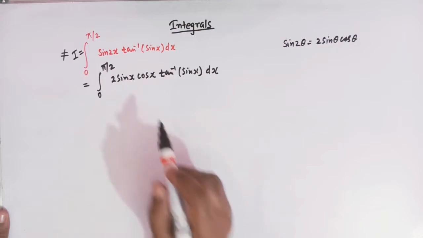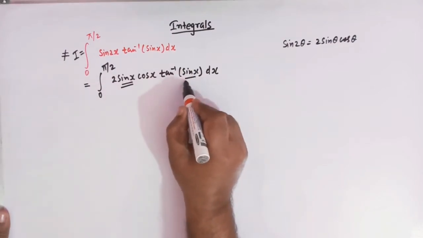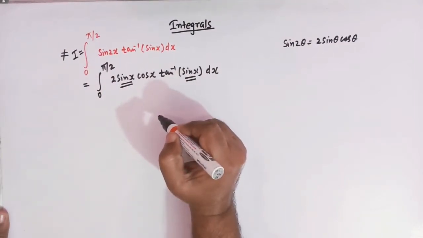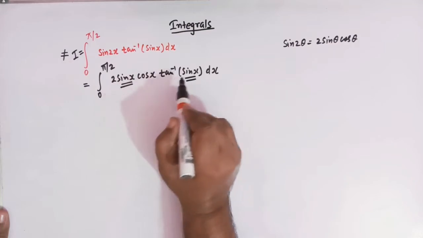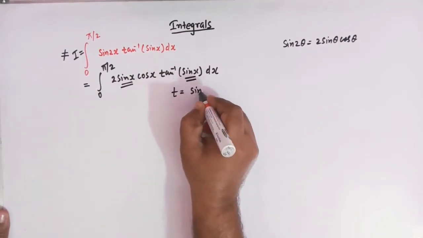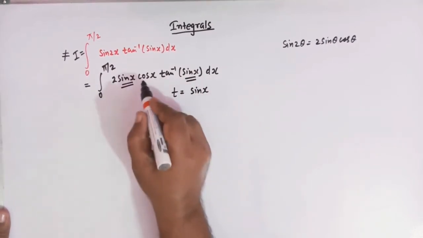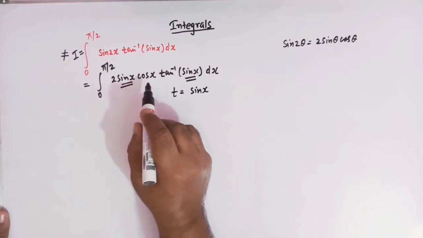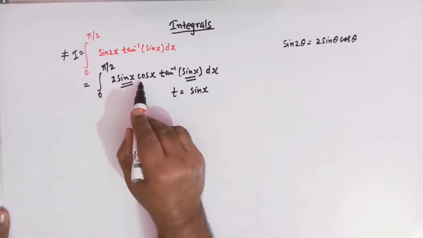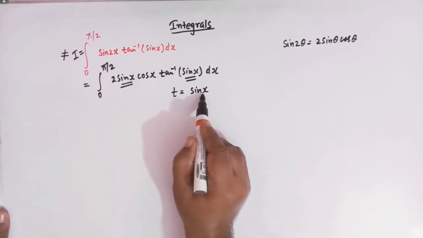Okay, now here we see that here we have the term sin x, and here also we have the term sin x, right? So if we substitute t is equal to sin x, then the derivative of sin x is cosine x, right? And we see that the derivative is present in the integrand, so we can take this substitution, t is equal to sin x.